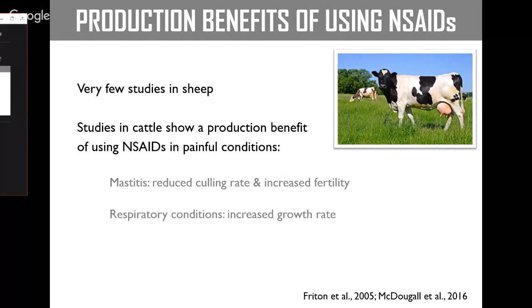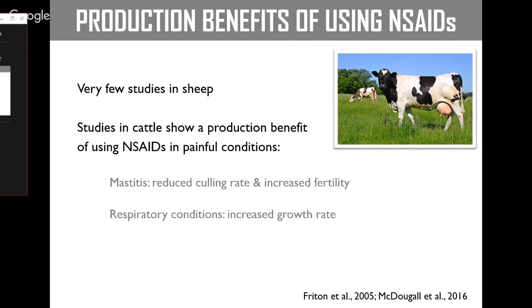For example, several papers in cattle report that when NSAIDs are used to treat mastitis, as opposed to using only antibiotics, when antibiotics are combined with NSAIDs, there is a reduction in culling rate and increased fertility. And the same applies to respiratory conditions. Animals that receive antibiotics and NSAIDs have an increased growth rate compared with those that receive only antibiotics.